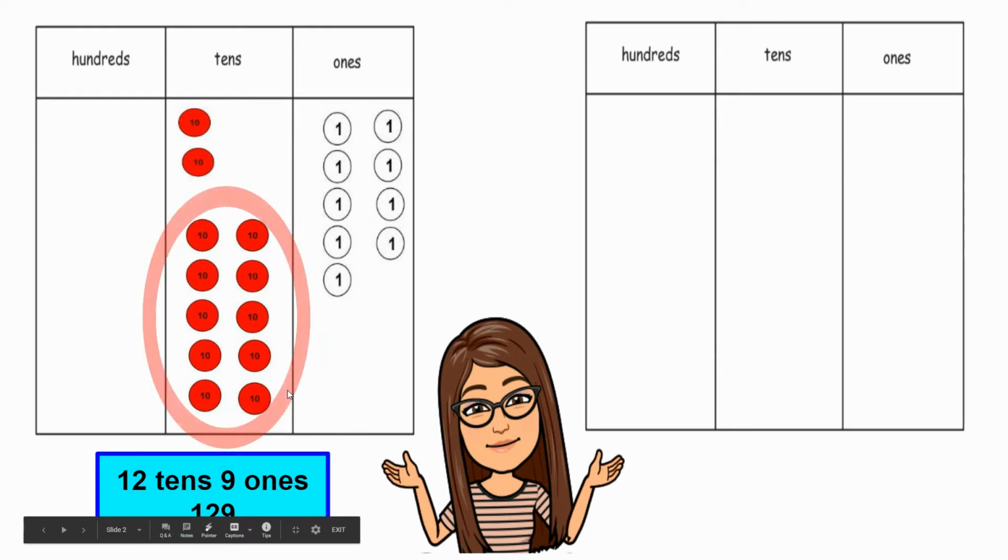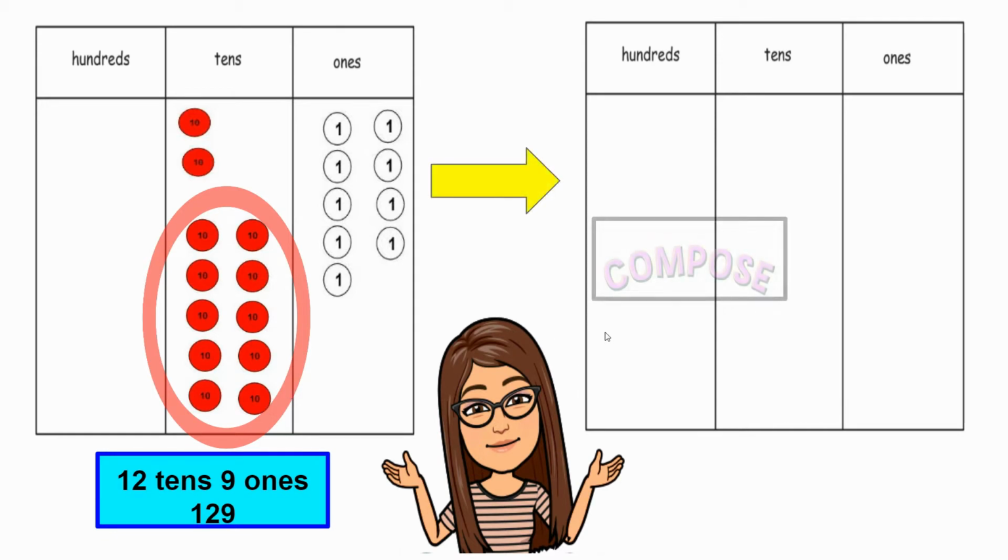Now, I want to take a group of 10 tens and compose 100. Because remember, 10 of one unit can be traded for one of the next largest units. And the next largest unit would be 100. So 10 tens can be traded for 100.